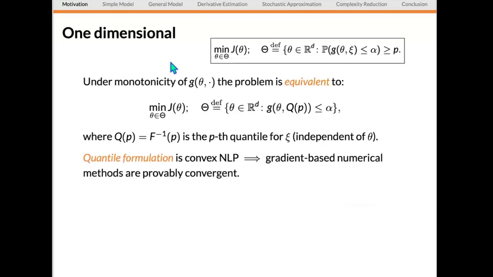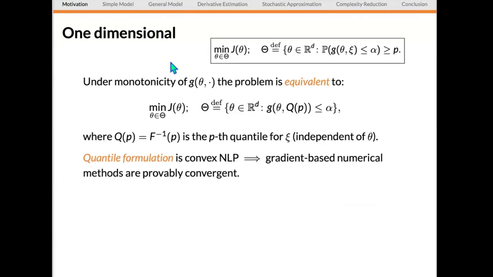I deal with a simple problem, and you can see there's a simple model, a general model, and so on. The simple model is one-dimensional. In the simple model, under monotonicity, the original problem, which is a probability distribution, is equivalent to the function g, but now evaluated at the quantile.